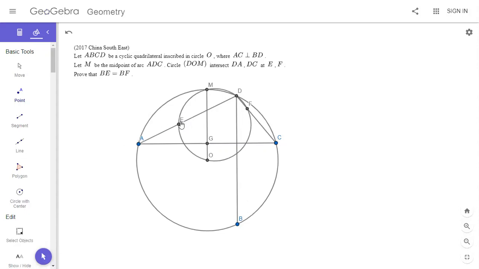I was going to say maybe angle AEB is equal to angle BFC, or 180 minus that, but I don't think that's true. Let's just draw those for fun.